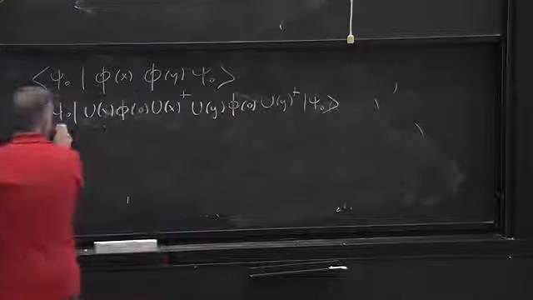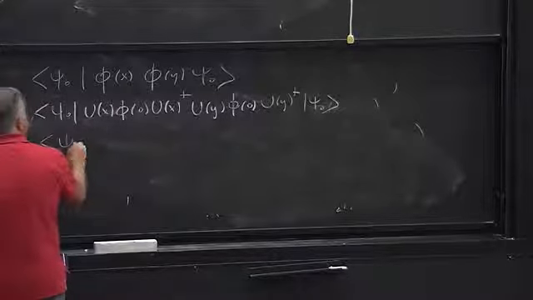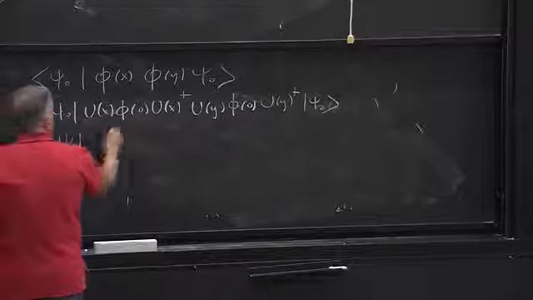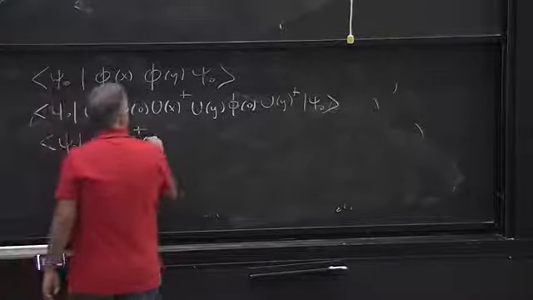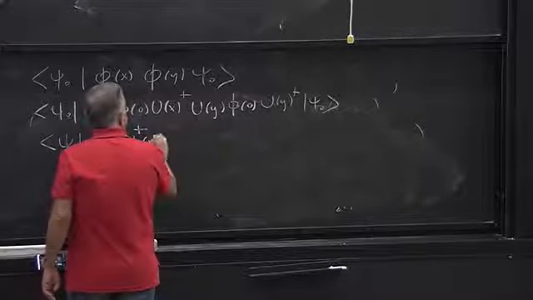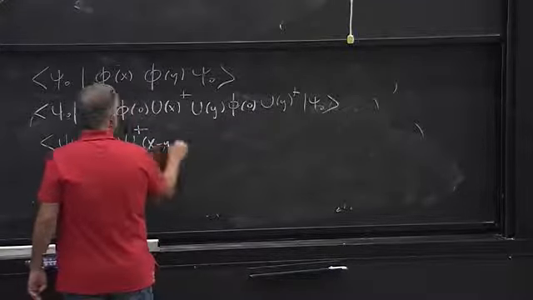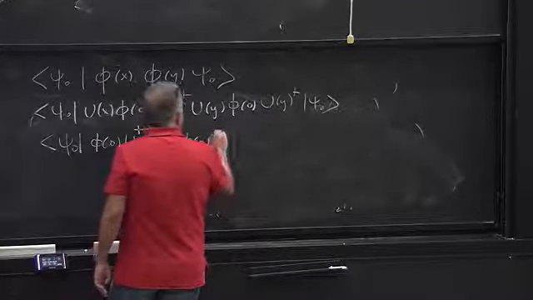U of x applied to the vacuum is the vacuum. So you get psi 0, phi of 0, u of x minus y unitary, phi of 0, the vacuum.